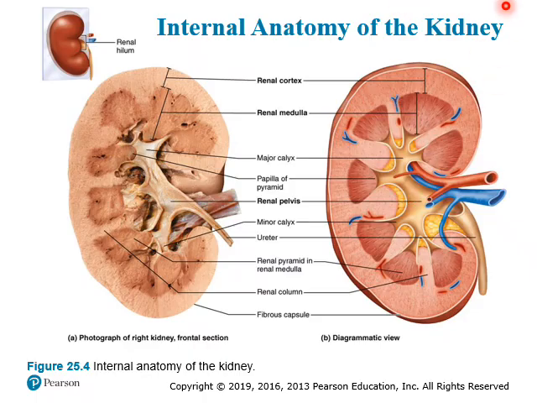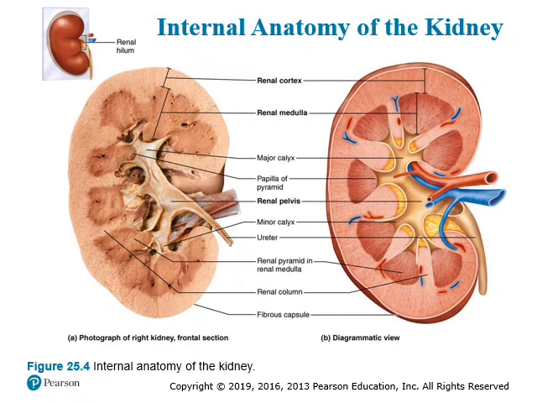The pyramids are now going to empty the urine into the minor calyces, into the major calyces, into the renal pelvis, that's your pelvis right here, into the ureter, then from the ureter down, it will be temporarily stored in your bladder, and then from the bladder into the urethra to the outside when you void.